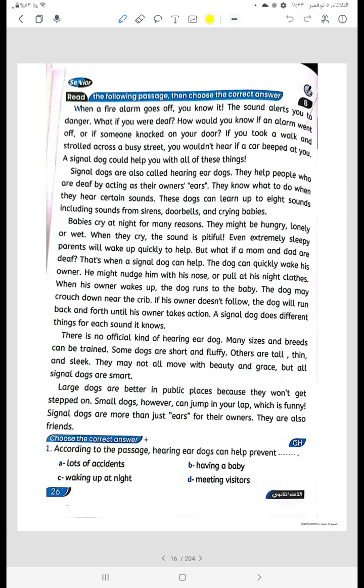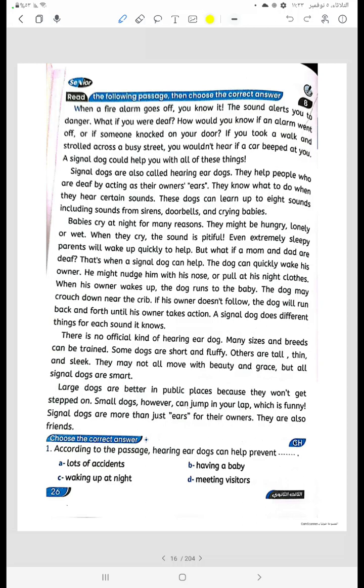There is no official kind of hearing ear dog. Many sizes. مفيش نوع معين نوع رسمي للكلب اللي هو بيشغل ودنه ويتفاعل. Many sizes and breeds can be trained. breeds معناها سلالة أو نوع زي species كده. Some dogs are short and fluffy. Others are tall, thin and sleek. sleek معناها ناعم يعني.